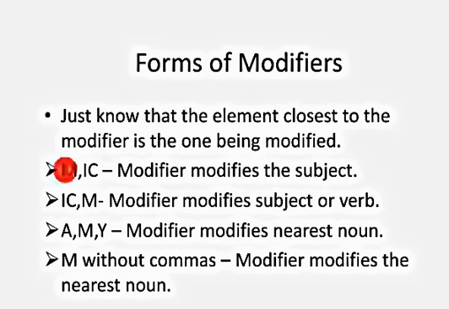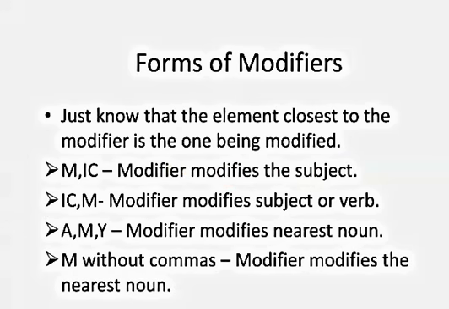So when you look at a modifier in a form where the modifier comes first and the IC, which means the independent clause, like the first example that we just saw, introductory modifier, those sorts of modifiers modify the subject.